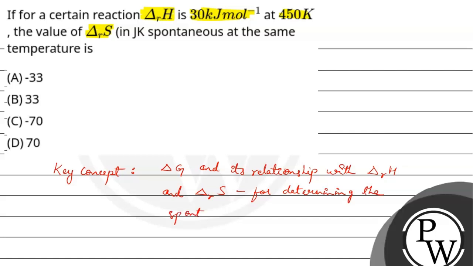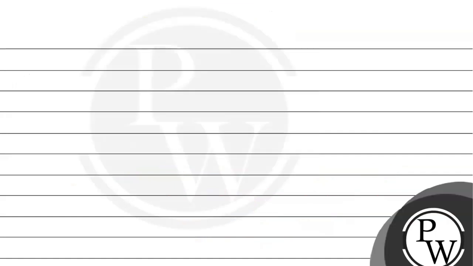So, let's understand their relation. Delta G is related to delta H and delta S by the equation: delta G is equal to delta RH minus T delta Rs.